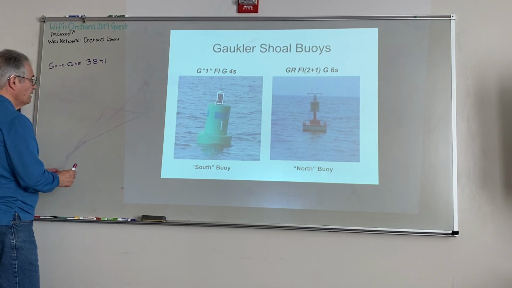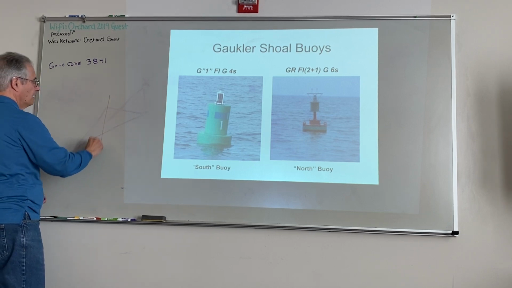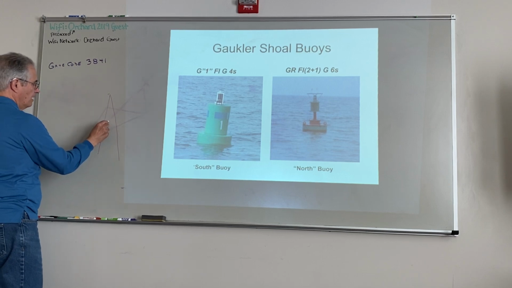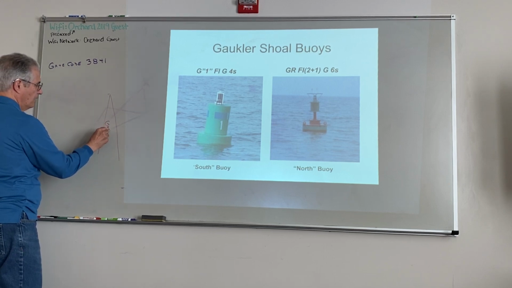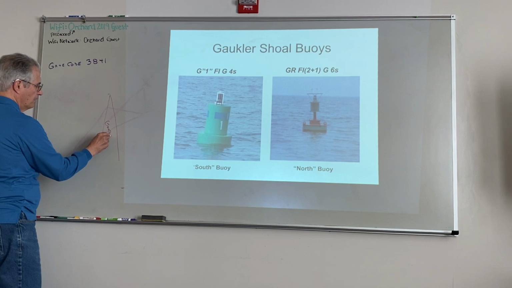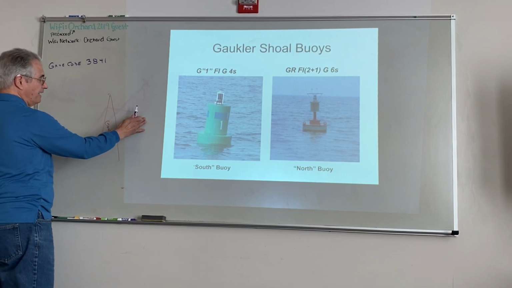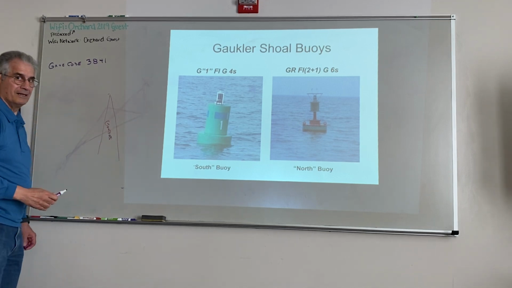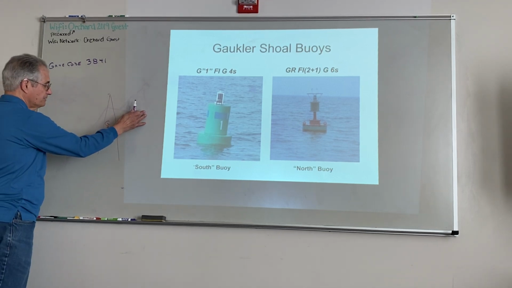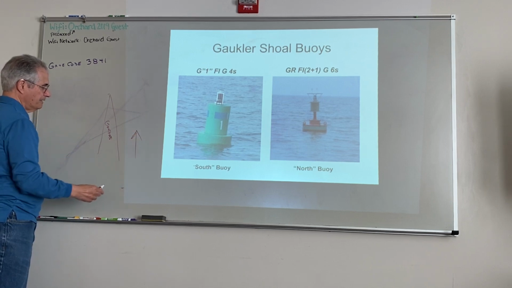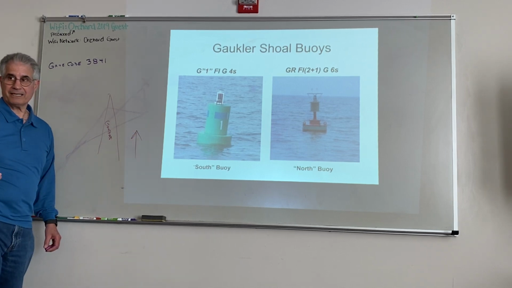But if you just think of yourself as coming north along the shore, you're really saying that the primary channel is to the east of the shoal. So green's on your left, the port side, going north. This is the lake, right? If you're going north, you're returning from the sea.